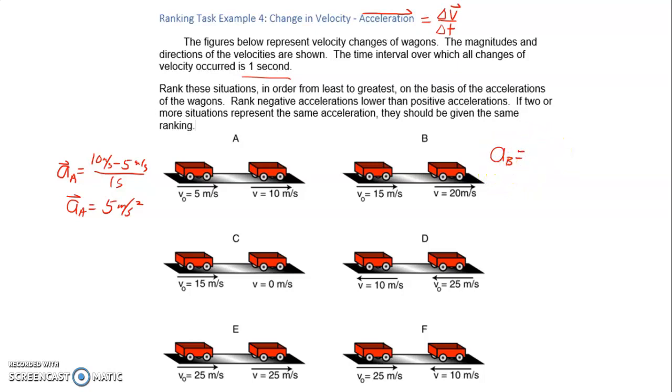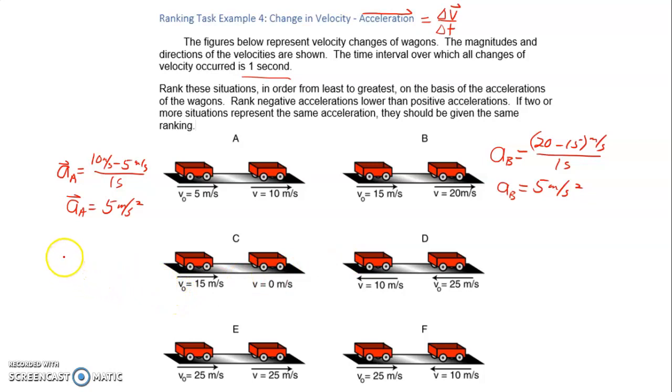And then I'm just going to go through this for each of the 6 cases. So for this one, we have 20 minus 15, and I'll just put my units outside the parentheses here, divided by 1 second. And this one is the same as A, 5 meters per second squared.